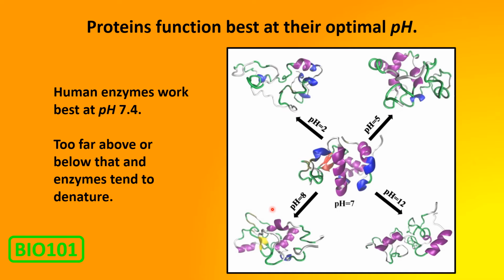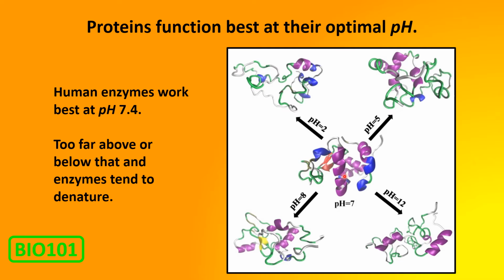In this little diagram you see at pH 7 this enzyme is perfectly happy, but if you go below 7, that's acidic, pH 5, pH 2 here, the enzyme starts to unravel and therefore lose function, denature.